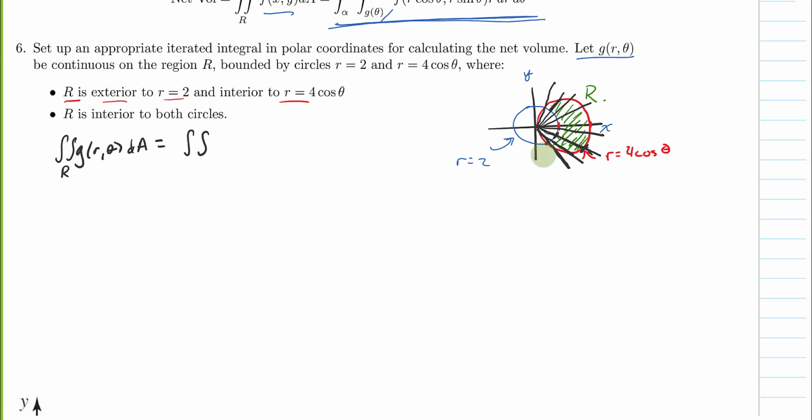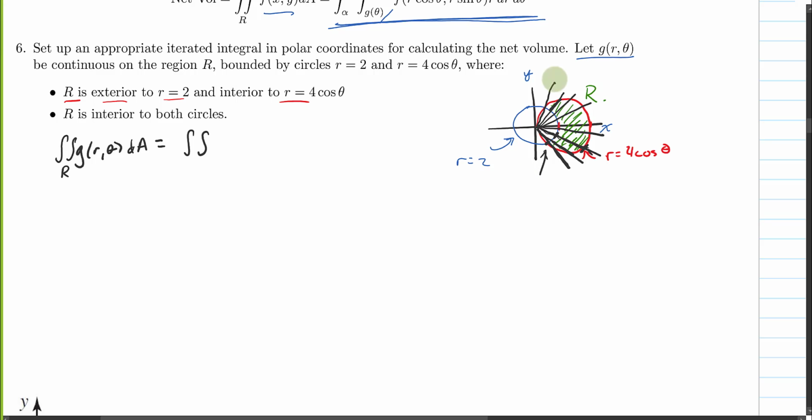So what we need to determine is when we start summing, where our theta starts and where it stops. The theta will start and stop where those two curves intersect each other. So we need to figure out where this point is. Just like in our rectangular coordinate system, we set the two functions equal to each other.